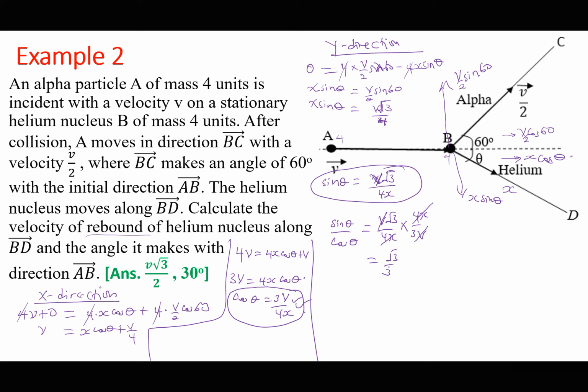I think root 3 over 3 is most likely going to be 30 degrees. Root 3 divided by 3, shift, tan.